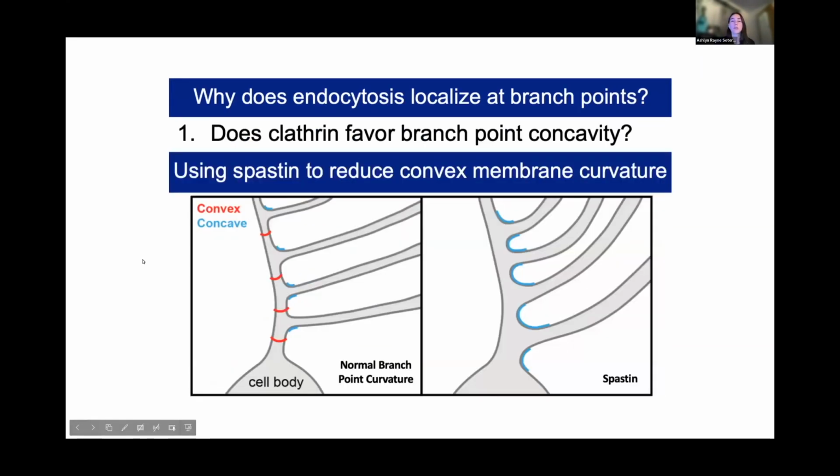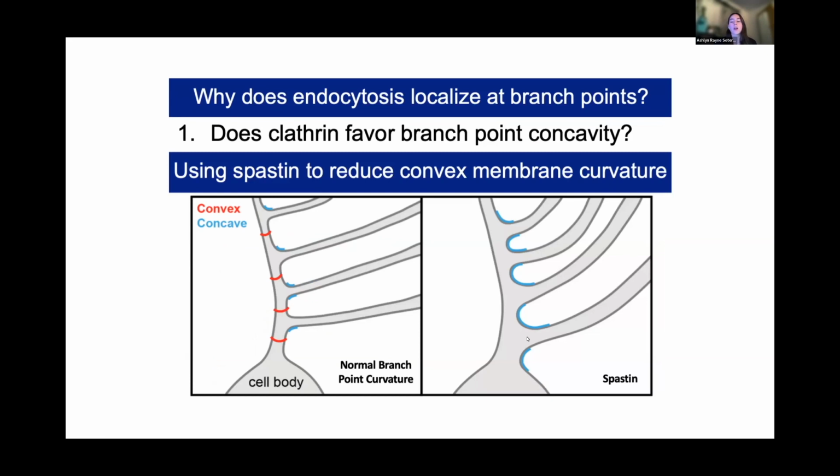So the big question, why does endocytosis localize at branch points, leads us to the sub-question: does Clathrin favor branch point concavity, and why? To answer this question, we decided to use an overexpressed spastin line to reduce the amount of convex membrane curvature, as well as increase the amount of concave curvature. The image on the left shows a regular dendrite with the red convex regions and the blue concave regions.